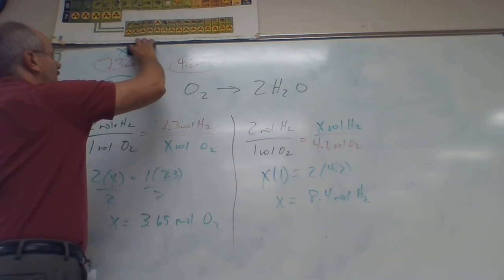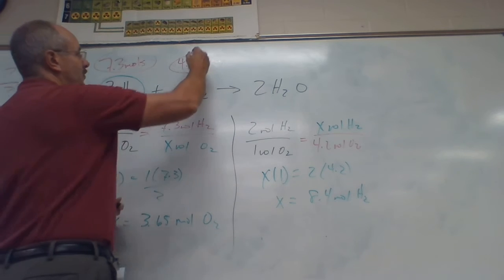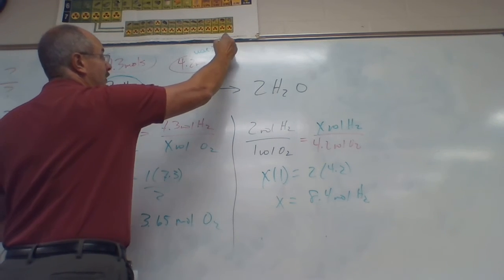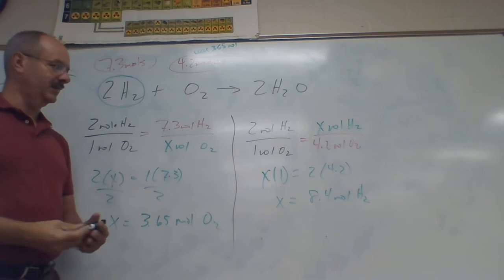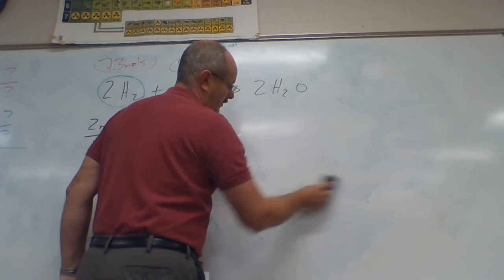So I'm going to get rid of this number up here, because it came back to this number, and the idea that I'm going to use 3.65 moles of this. So how would I figure out how much excess I got? Well, I'm going to have to subtract those two, right?